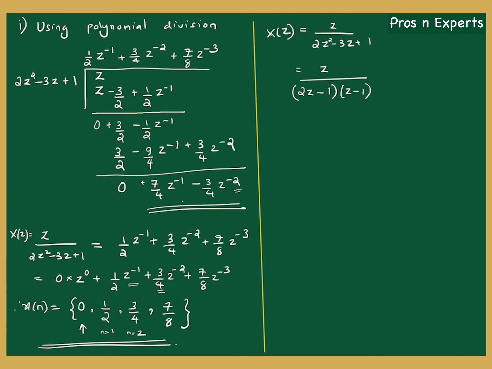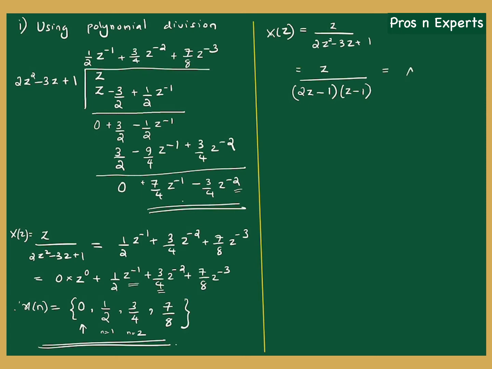What I'm saying is you need not do polynomial division, but if you find that it is difficult to factorize, then you can adopt that method. Many students may feel that it is not factorizable; for those students, you can go to the polynomial division method. Others, if you feel that this is factorizable, do it in factorized form.